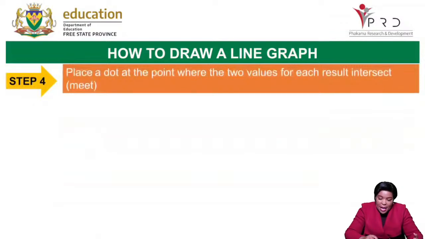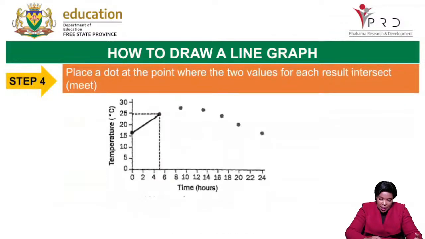Right. Then step number 4. Place the dots at the point where the two values for each result intersect, or meet. So you say, when the time in hours was 5, it is 5 here. Then the temperature was 24. If you go back to your table, you will see that it is 5 and 24.